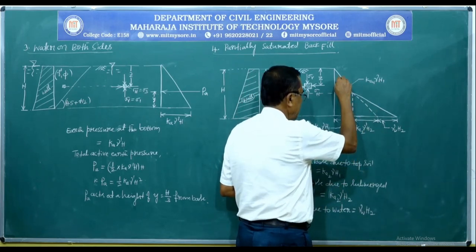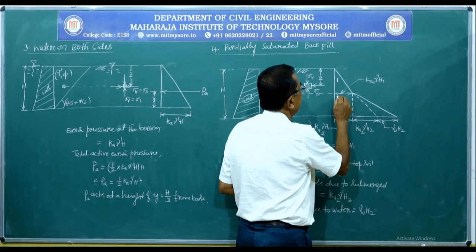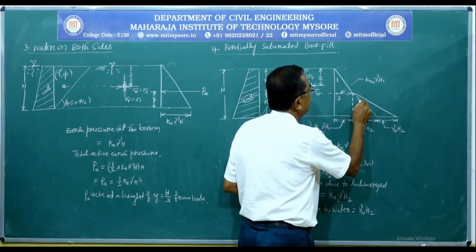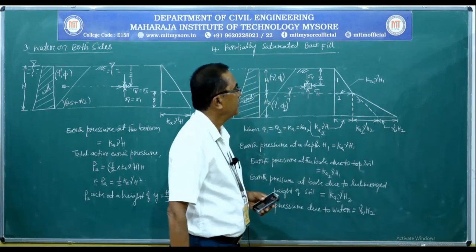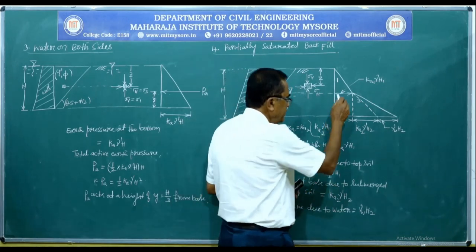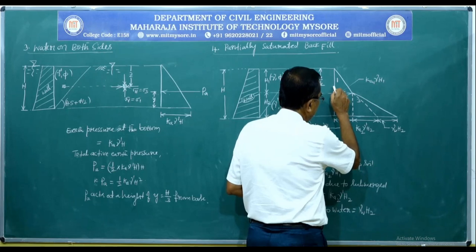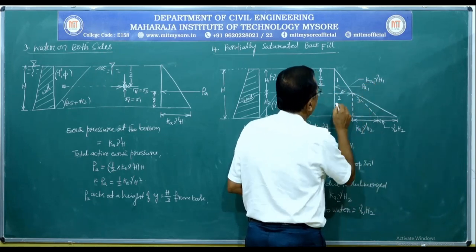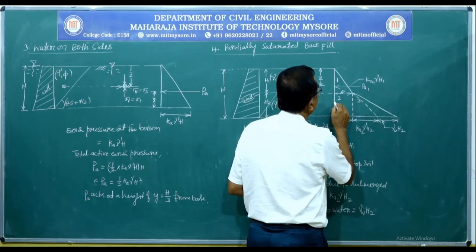Let us consider this as triangle 1, next rectangle 2, and these two can be considered as a single triangle number 3. Let the pressures acting on these individual areas be PA1 and PA2.